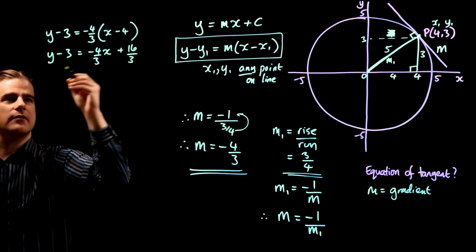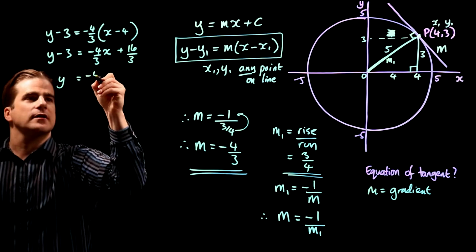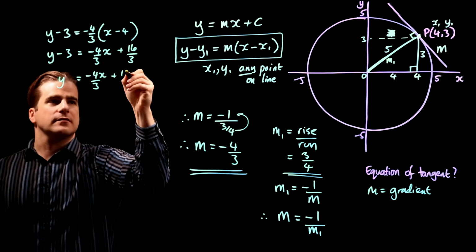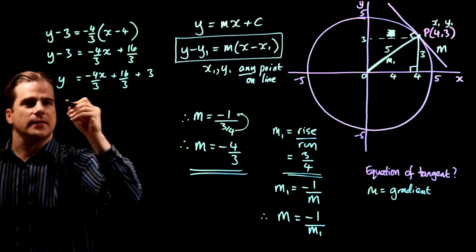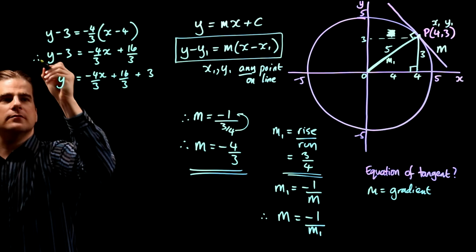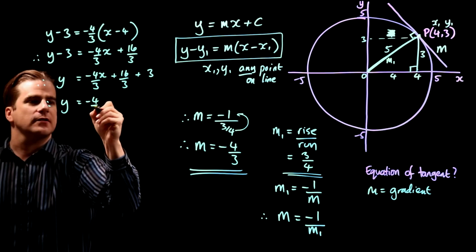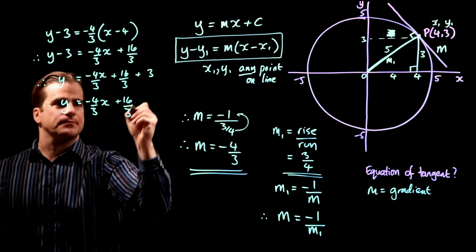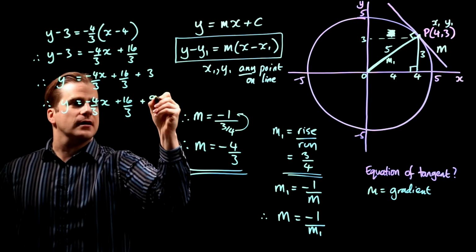Okay, add 3 to both sides, so we get y equals minus 4/3 x plus 16 over 3 plus 3. 3 is the same as 9 over 3.